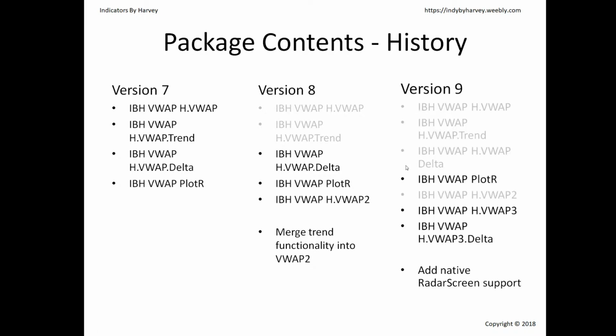Version 9 added native radar screen support to VWAP and VWAP Delta. Those indicators have been named VWAP 3 and VWAP 3 Delta. If you're building new charts now, focus on VWAP 3 and VWAP 3 Delta. The older version indicators are still there for backwards compatibility, but as a trader you should be using the newer ones.